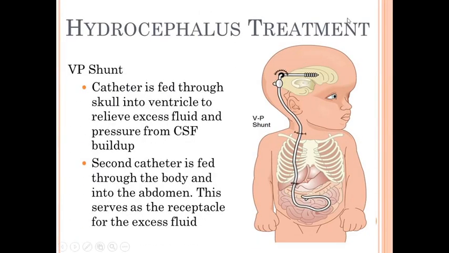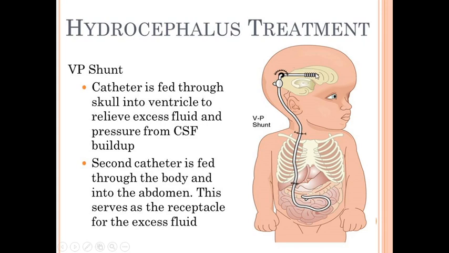The treatment is, you have to drill the skull and insert a tubing into the ventricle to suck the excess CSF out, and then you have to apply a tubing that will bring this CSF down to the peritoneal cavity.